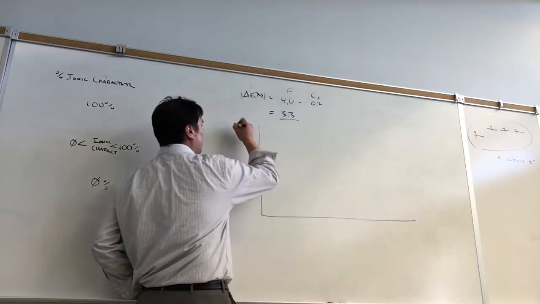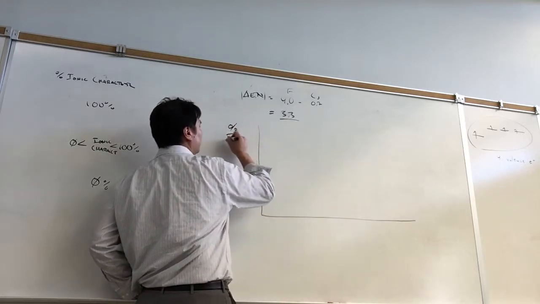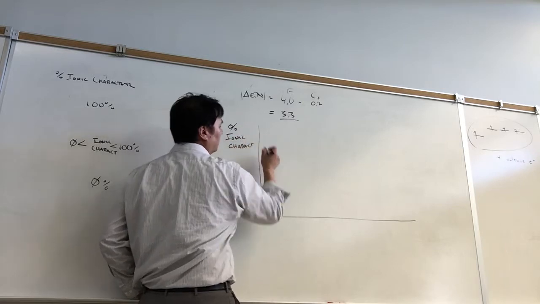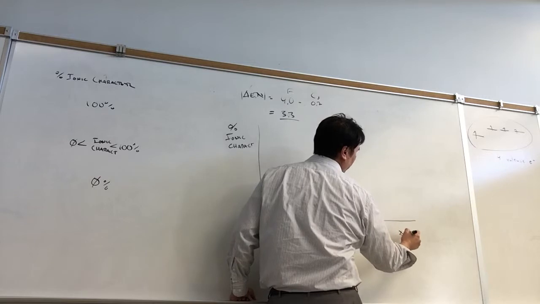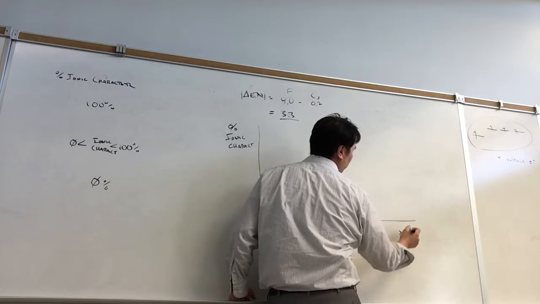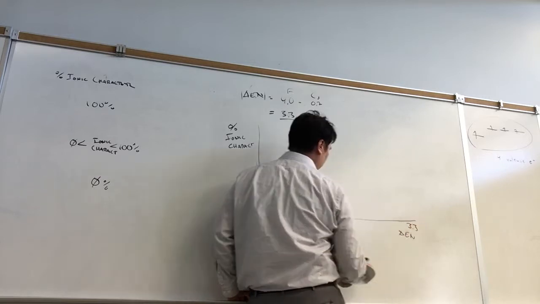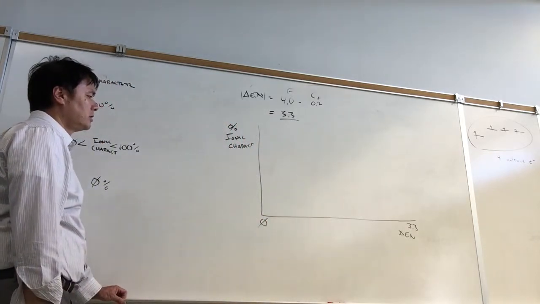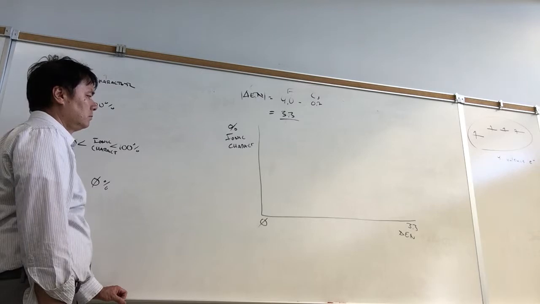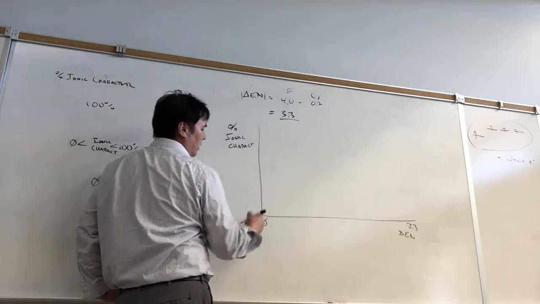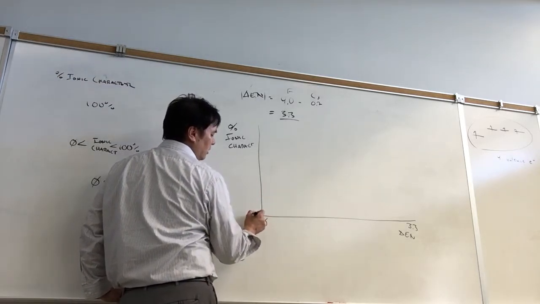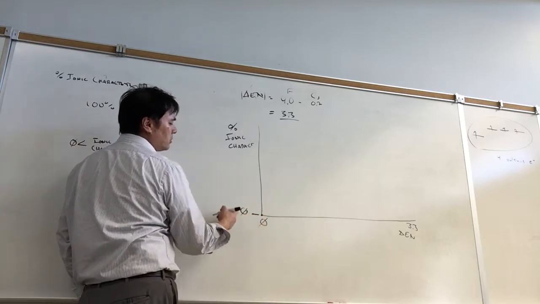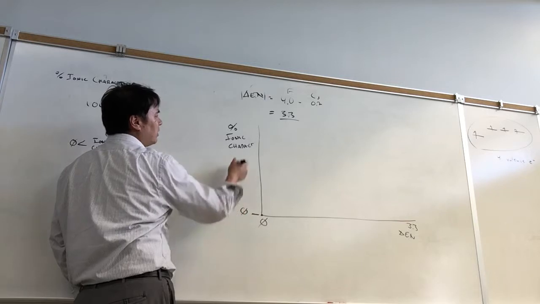And so we're going to make up a plot here concerning percent ionic character versus delta EN, the difference in electronegativity. And it's going to range from 0 to 3.3. For example, delta EN for chlorine, Cl2, should be 0. If we have a delta EN of 0, then the percent ionic character should be 0% ionic character. 0% ionic character is 100% covalent.